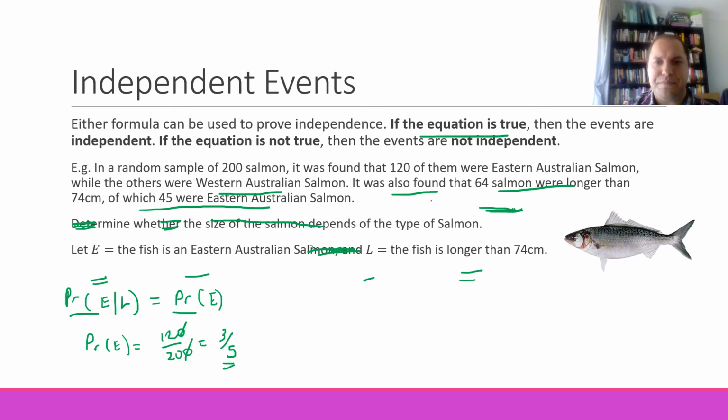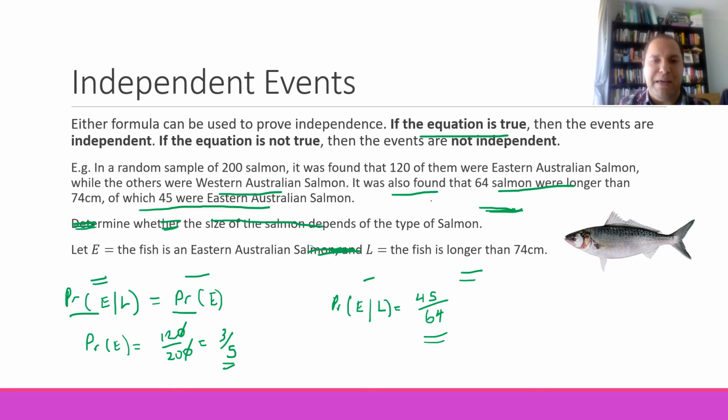Now, our next one, the probability of our fish being Eastern Australian if it's longer than 74 centimeters. So that will be 45 out of 64. Now, looking at that, we can't actually simplify that fraction any further.